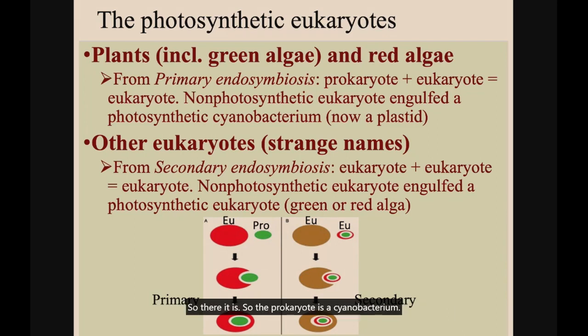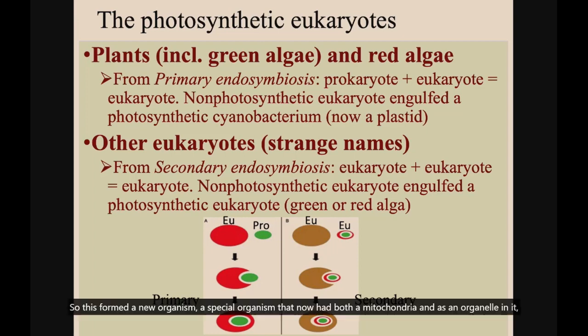The prokaryote is a cyanobacterium that was engulfed by a eukaryote, and that eukaryote already had present in it a mitochondrion. So this formed a special new organism that now had both a mitochondrion as an organelle in it and a photosynthetic plastid, which became a chloroplast.